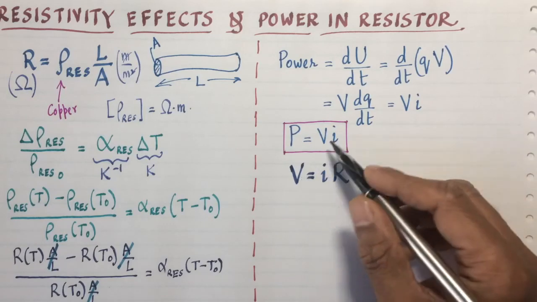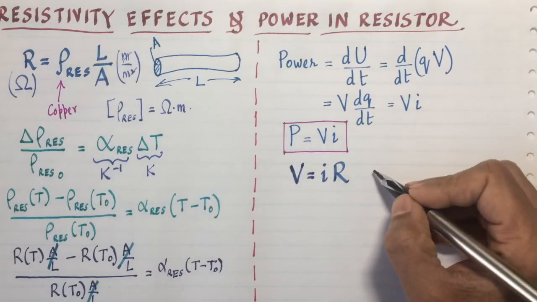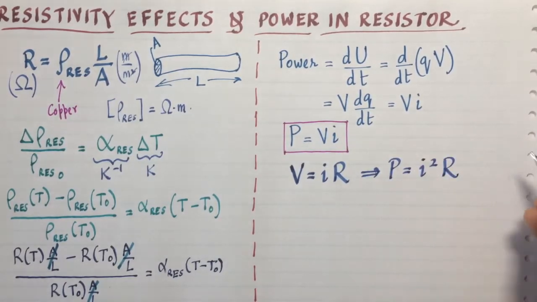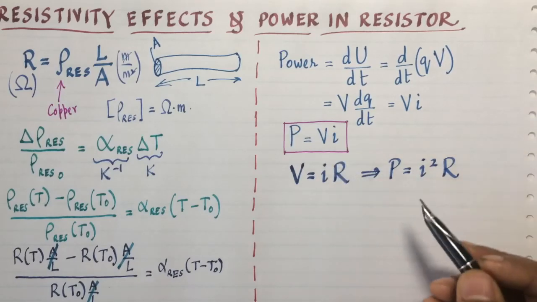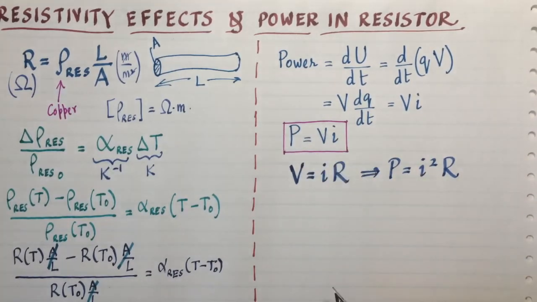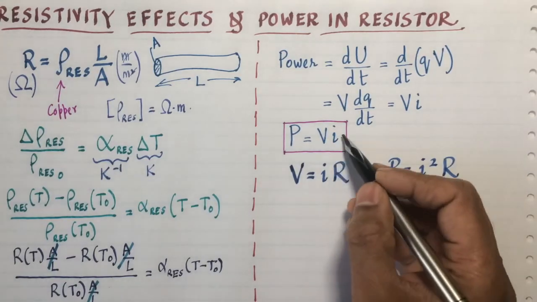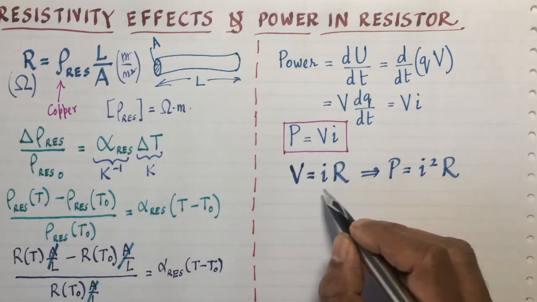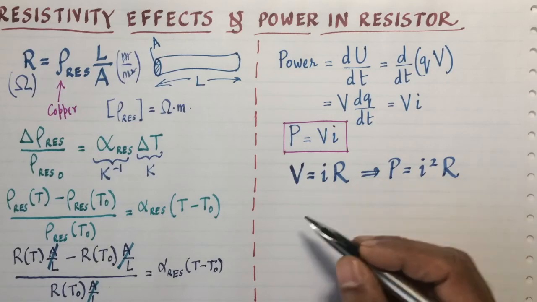One is I can eliminate V. If I eliminate V, I'm going to get IR times I, so power is going to be I squared times R. This is by far the most popular way of remembering the expression for power, although my favorite way is V times I, because that's true in a lot of situations. So in fact, it's true even when the device is not ohmic. Ohm's law only applies when the device is ohmic, so the next two formulas are somewhat less general.